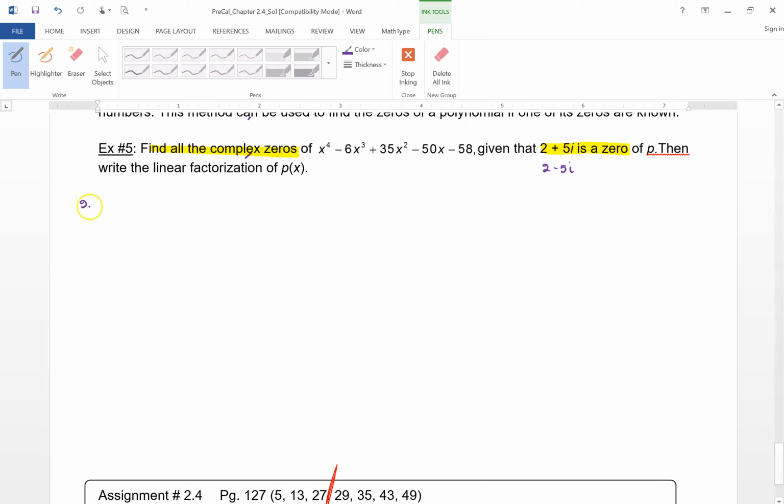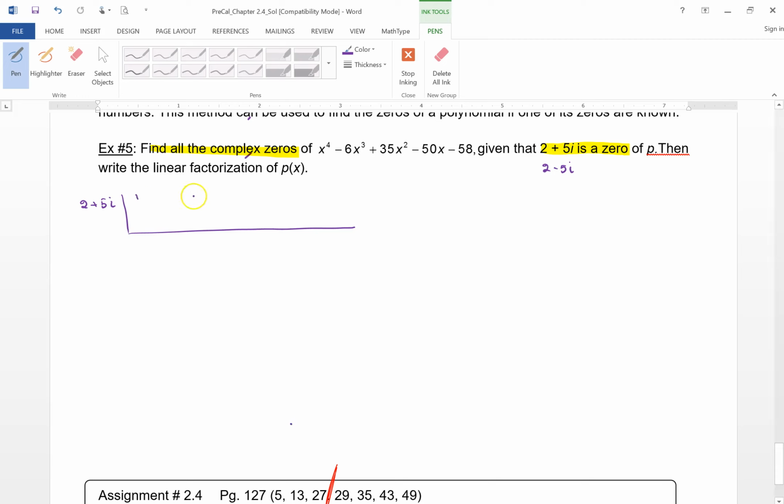So I have 2 plus 5i here. And here I'm going to put down the coefficients of my function. Just a little life hack when you're doing this. When you're multiplying with imaginary complex numbers, leave some room horizontally between the coefficients because it's going to get messy.